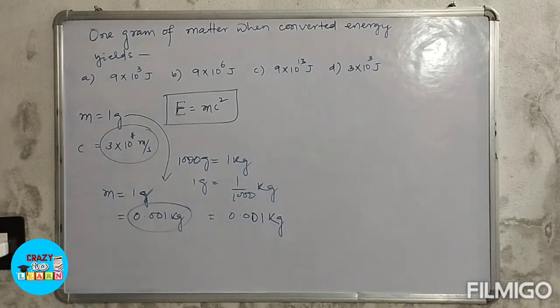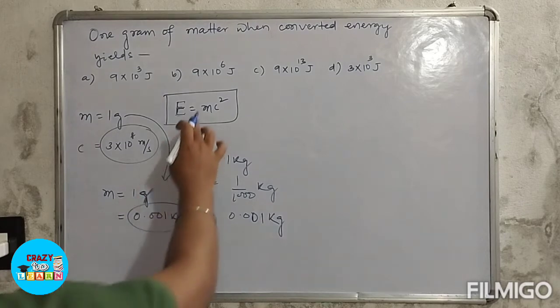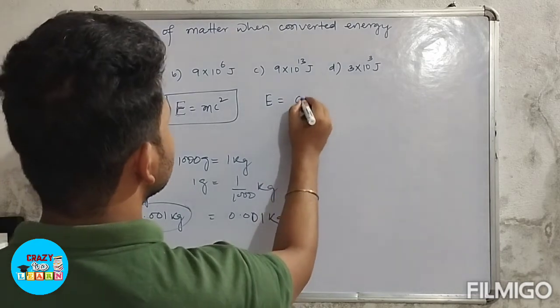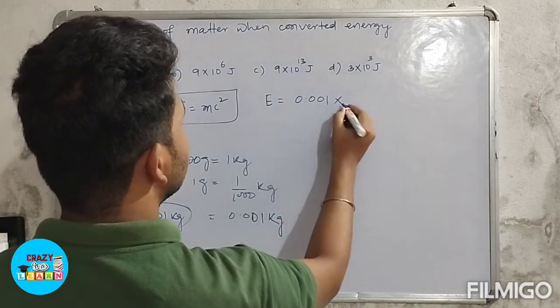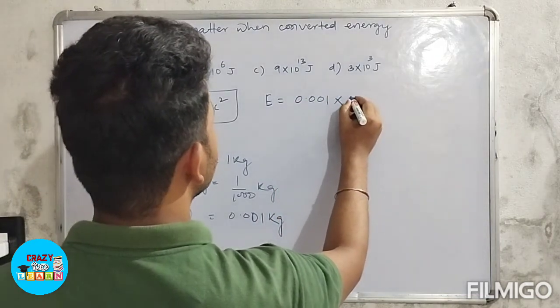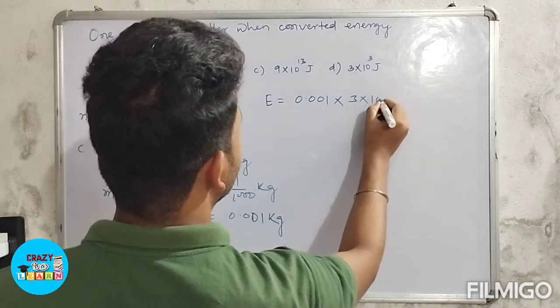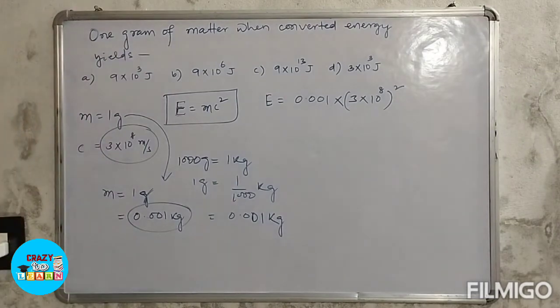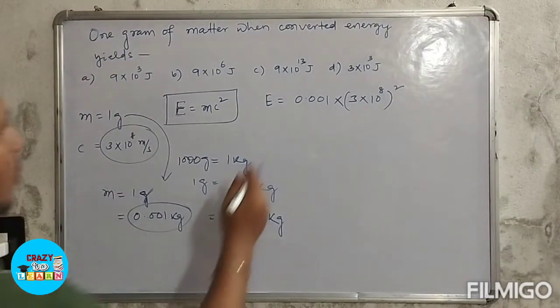Now put it in the formula: energy E is equal to mass 0.001 into c square, 3 into 10 to the power 8 whole square. So what will you get?